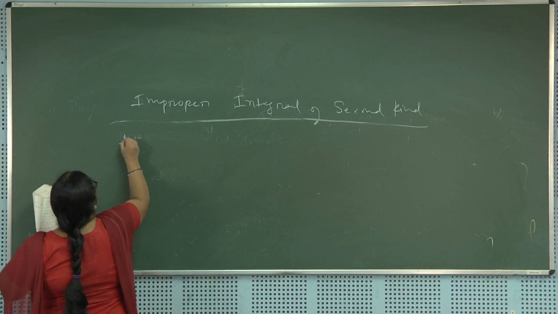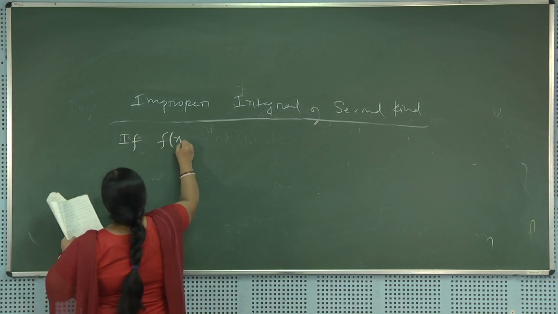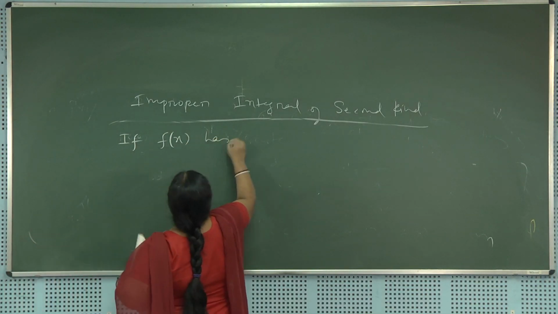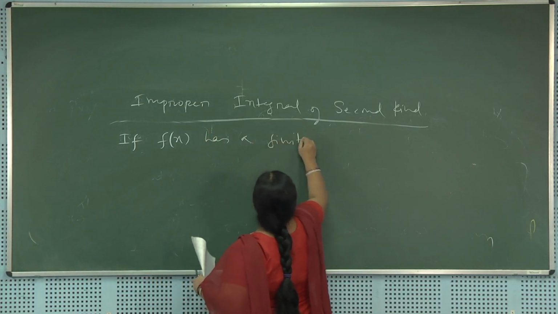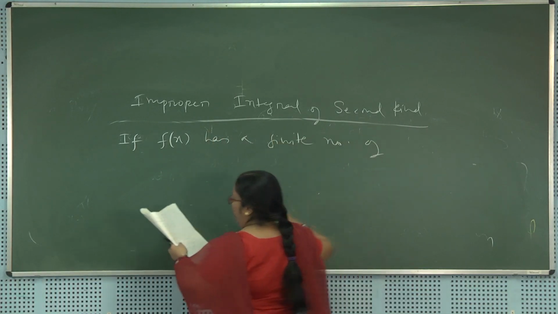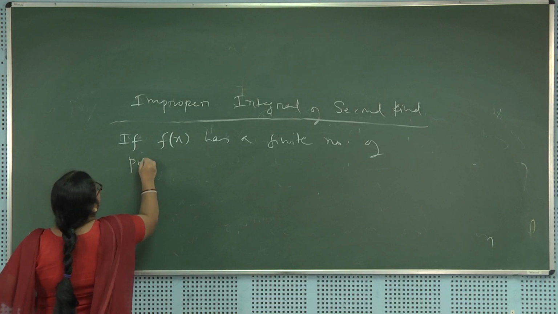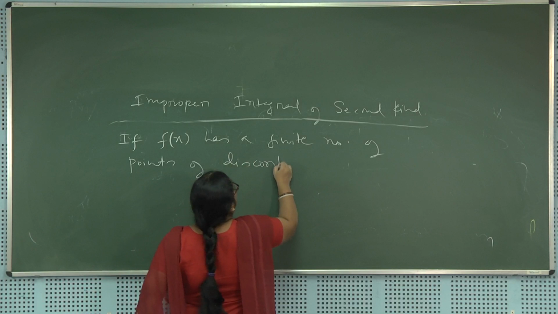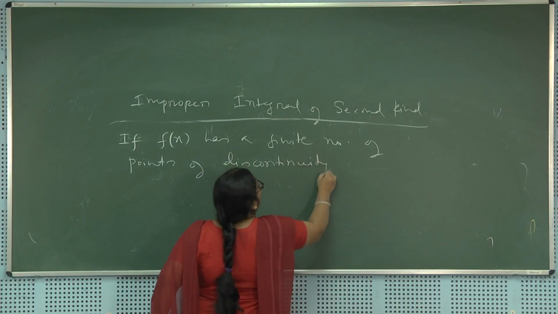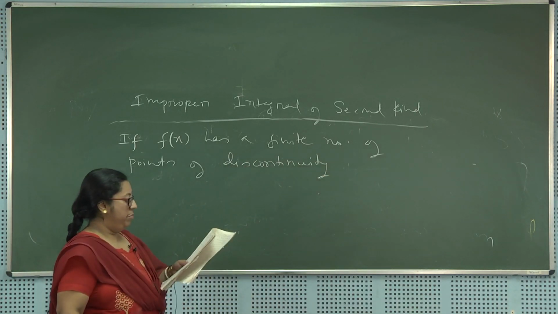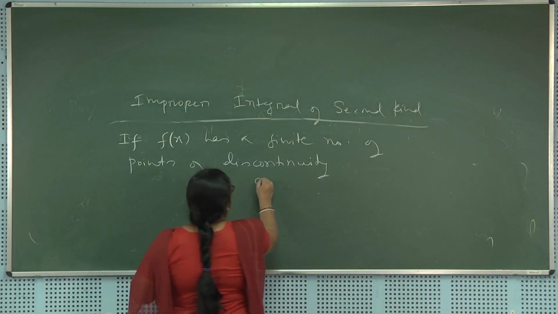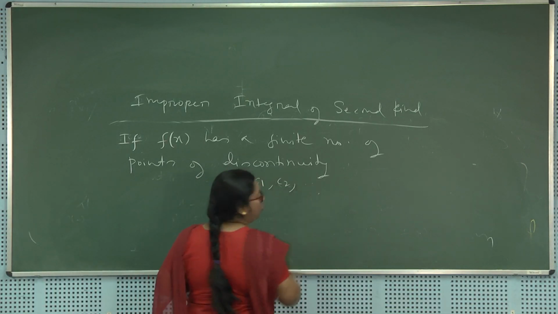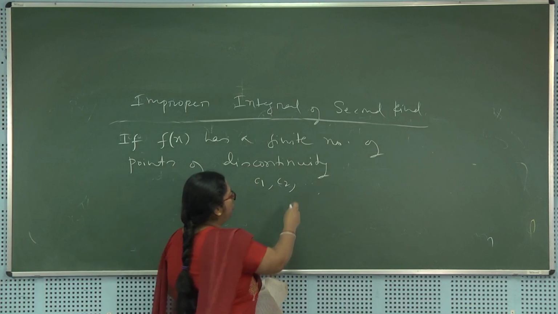If f(x) has a finite number of points of discontinuity, say C1, C2 up till 3 dots, to show there are many points, because in maths we have certain symbols.